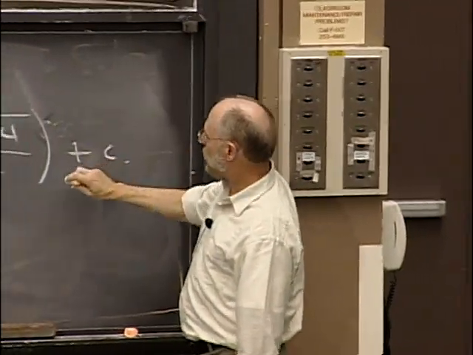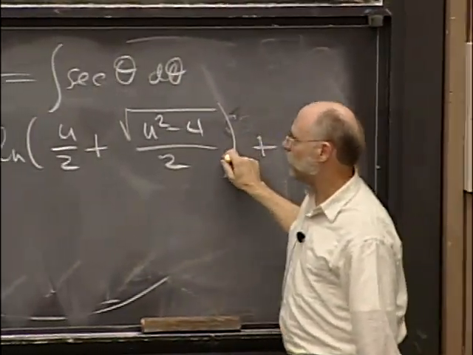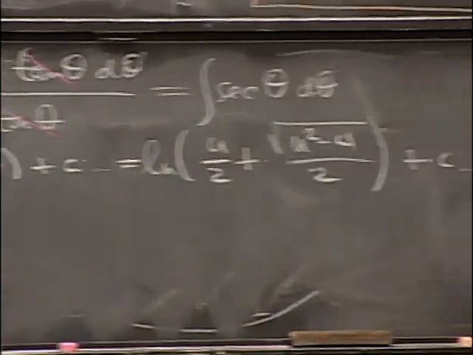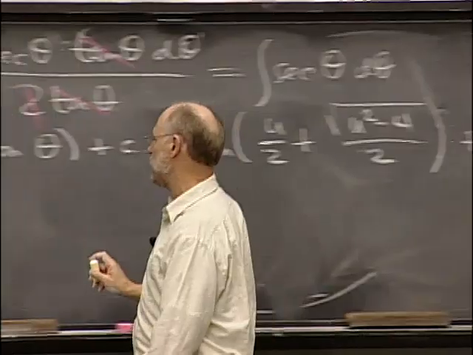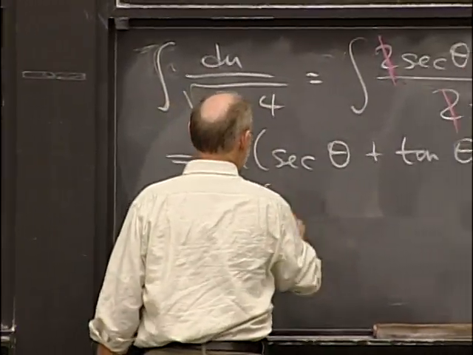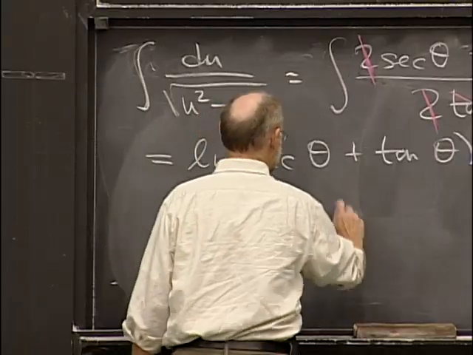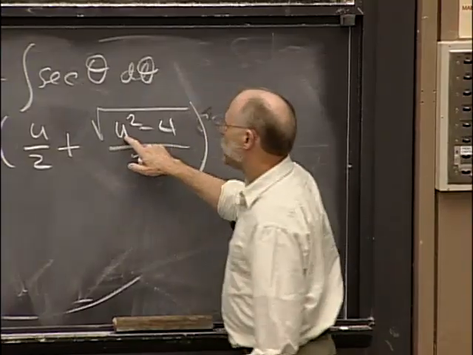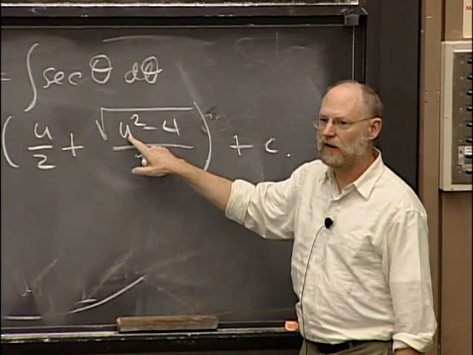I'm not quite done yet because my answer involves u, and what I wanted originally was x. But this direct substitution that I started with is real easy to deal with. I can just put x plus 2 every time I see a u. And so this is the natural logarithm of x plus 2 over 2 plus the square root. What's going to happen when I put x plus 2 in place of u here?